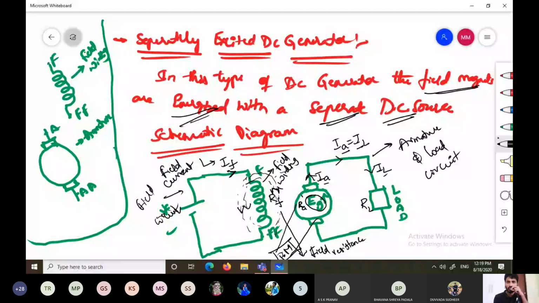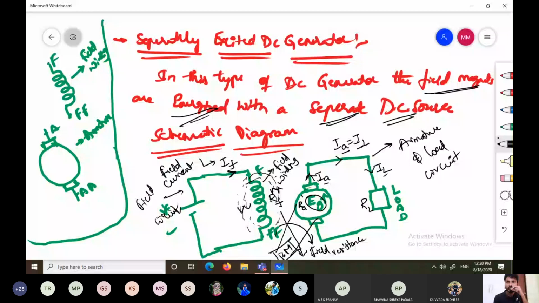After we give a DC supply to the field winding, current passes into the field winding and flux is produced, and that flux links with the rotating armature conductors.